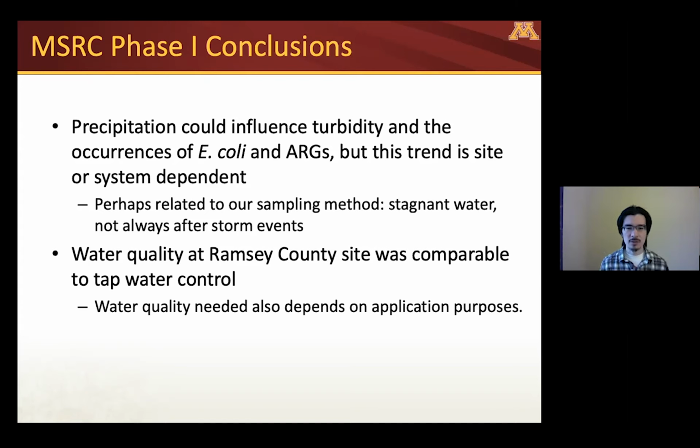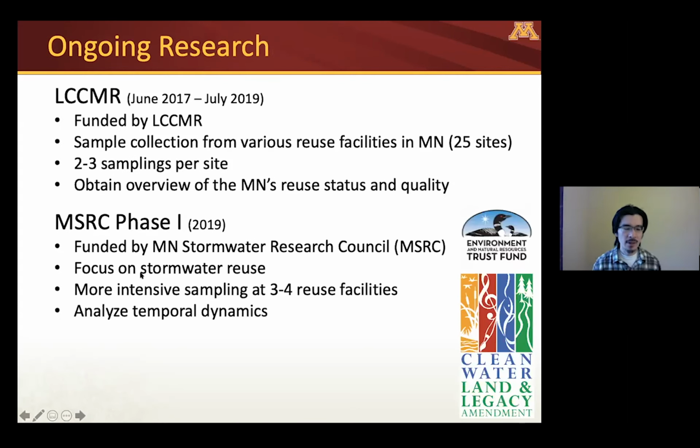So in order to evaluate their systems, we may need to do some risk assessment and evaluate how clean is clean, or how clean is enough for your purpose. So this is the phase 1 research.